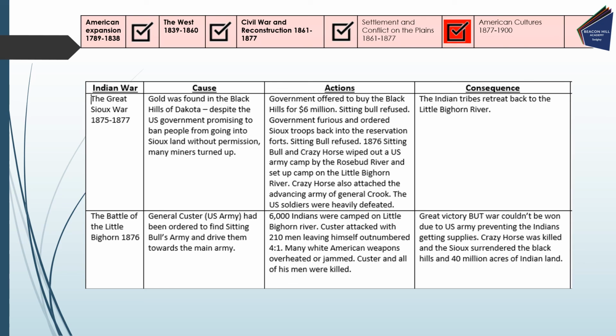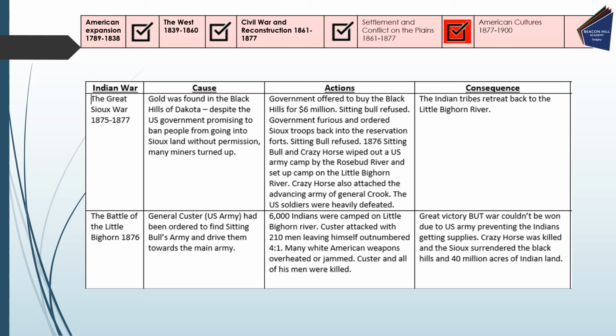However, the war as a whole, so the Great Sioux War, could not be won, as much as the Battle of the Little Bighorn was a victory for the natives. And the reason that it could not be won is because the US Army prevented the Indians getting supplies. So the overall consequence is that Crazy Horse was killed, and that the Sioux end up surrendering the Black Hills, those sacred lands to them, and 40 million acres of other land that they owned.